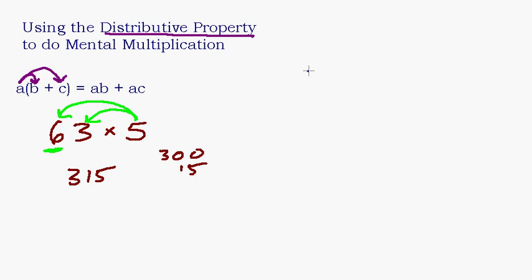How about 43 times... Well, that one's kind of easy. That's all right. This is a good one to start with. 43 times 2. So you should have 40 times 2 is 80. 3 times 2 is 6. 86. Piece of cake.